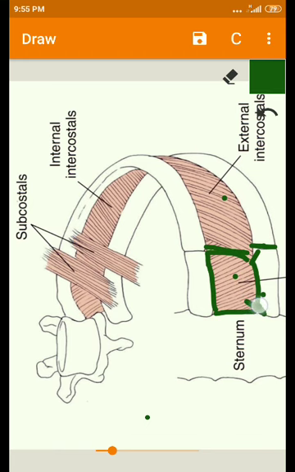So the same thing we have seen in pump handle movement. So again you can go through this here. It helps in the rotation of the chondrosternal junction, resulting in the elevation of the ribs as well as the descent of the sternum. Elevation of the ribs and descent of the sternum takes place in the upper rib cage only.